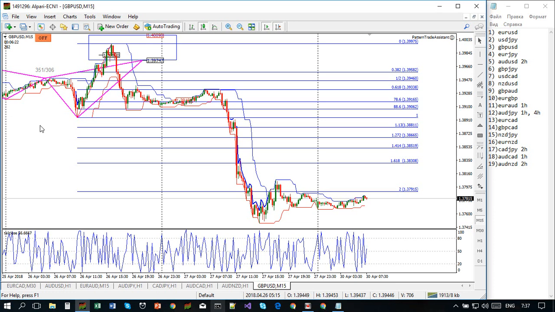Well, this is my approach. I don't say that you absolutely need to copy it. Well, what you need to do is the backtest and find your own approach, something that suits your personality best. At this current point, I find this approach pretty comfortable for me.